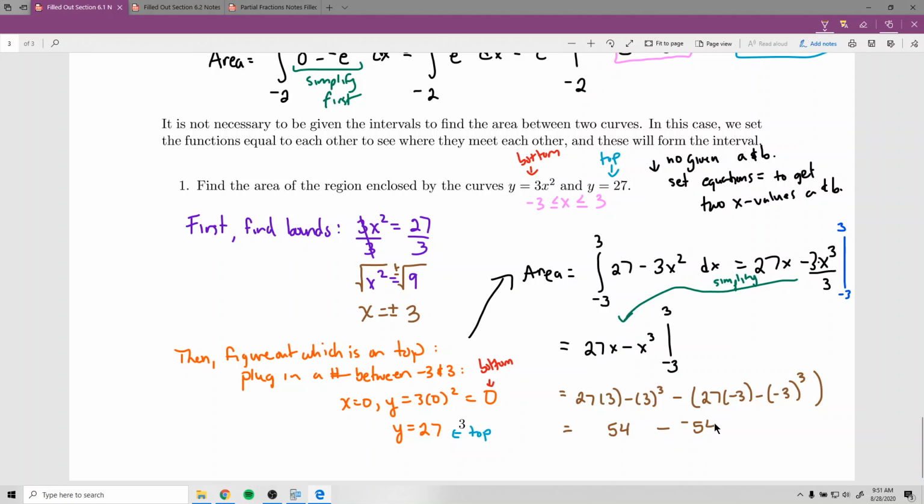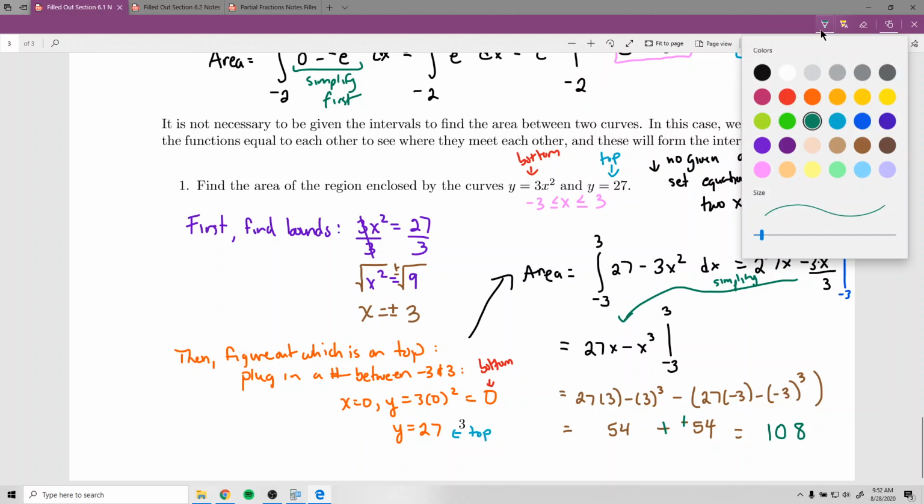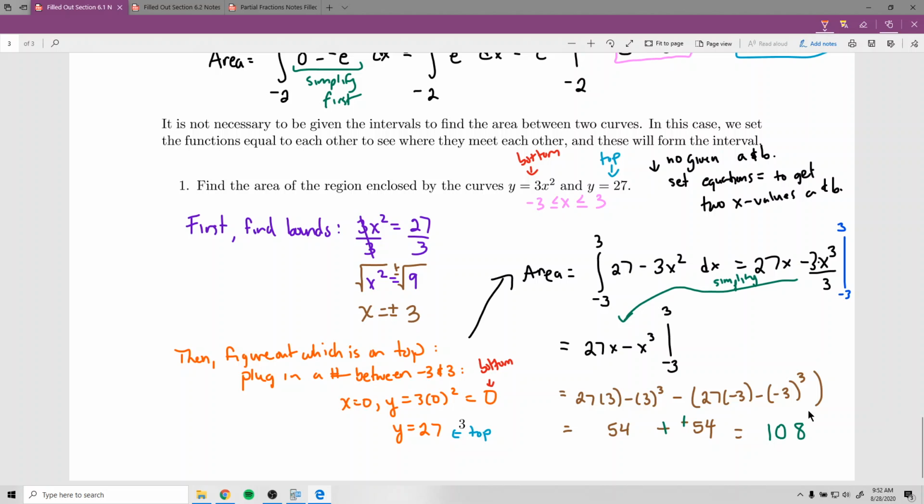Now this very often happens that when it's symmetric like this, negative 3 to 3, if it was negative 7 to 7, this number and this number are the same but opposite. But once again, just don't look at the 54s and think they cancel, because we have a double minus, which becomes a plus here. And 54 plus 54 is 108. All right, so the area of that region is 108.